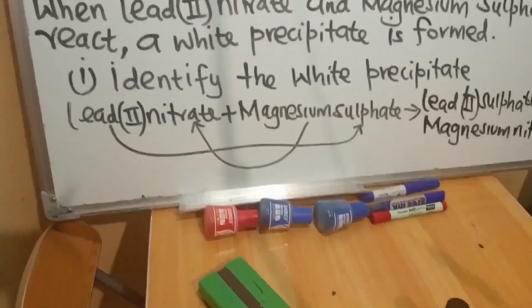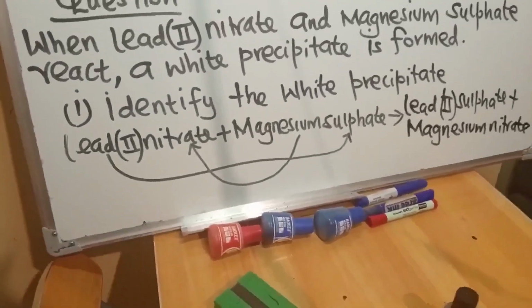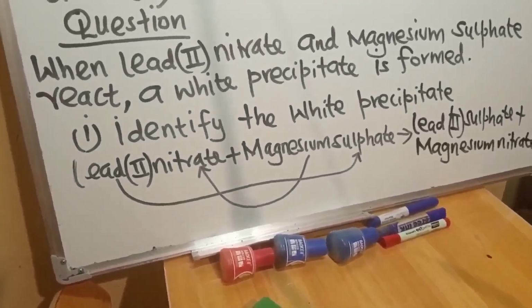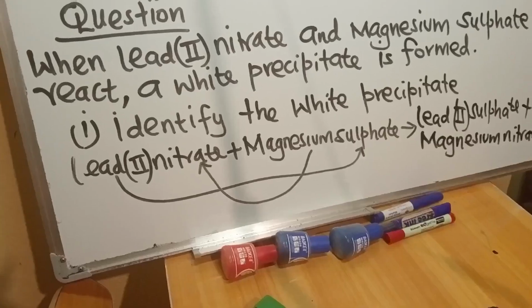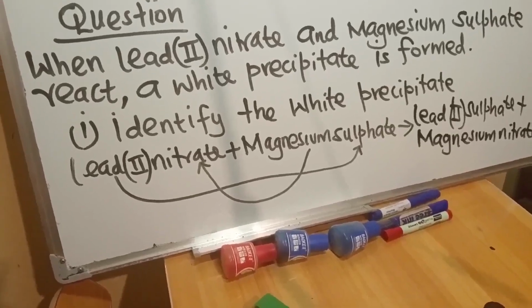So that is how we do it. Lead takes the sulfate while magnesium takes the nitrate.